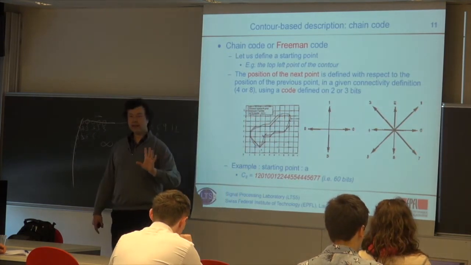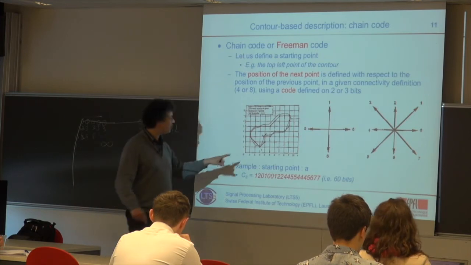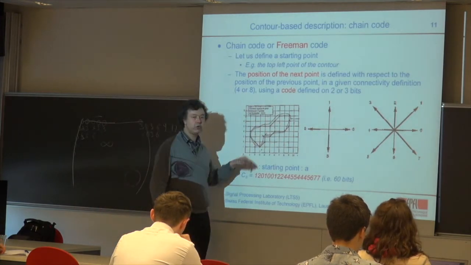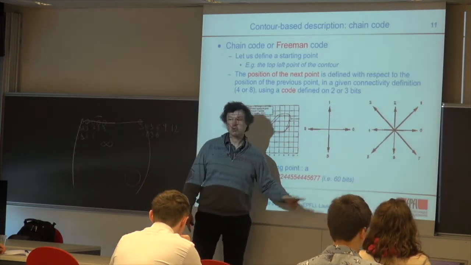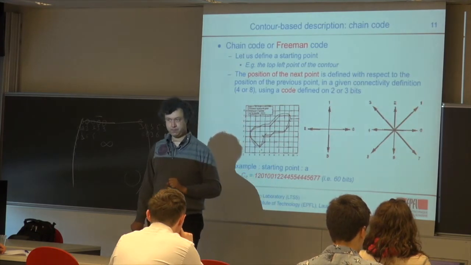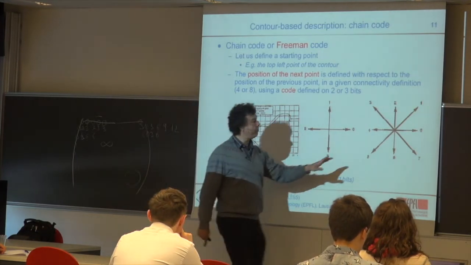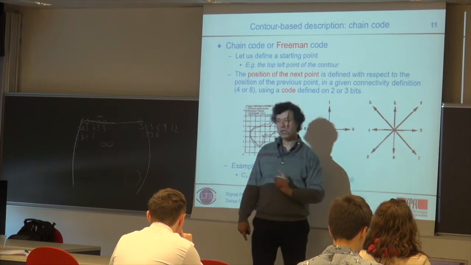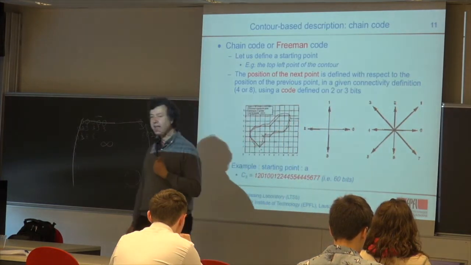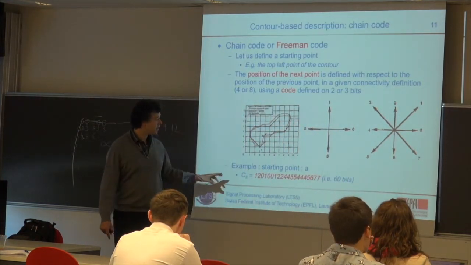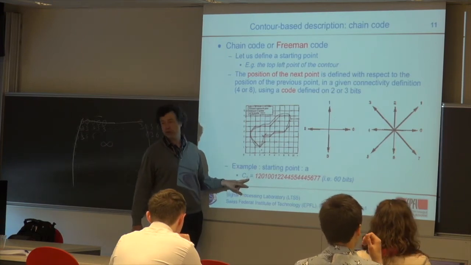And at the end of the day, at the end of the procedure, when you have done all the contour, you have a string of characters coded from 0 to 7. So first thing you can do with that, this is a very compact representation of an object.